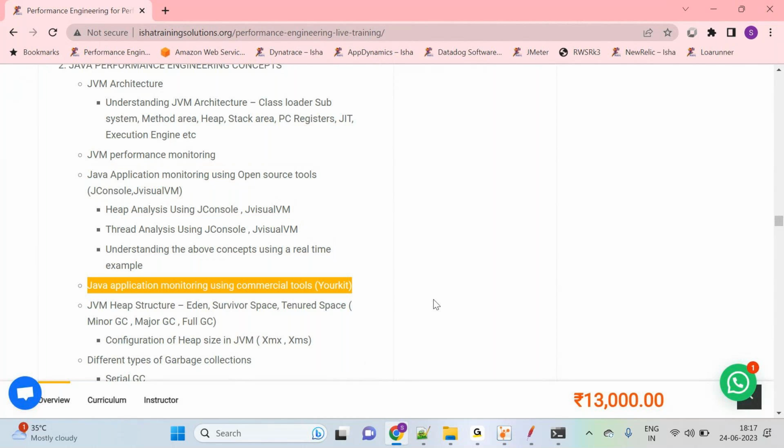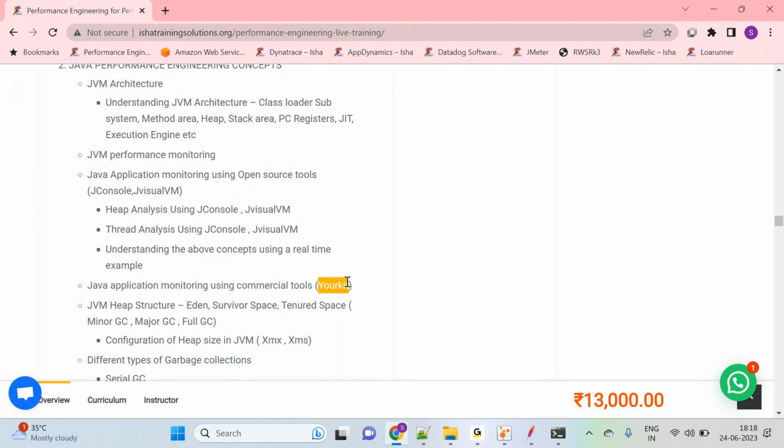That tool we are also going to discuss in a detailed way. This tool is also used for JVM monitoring purposes.